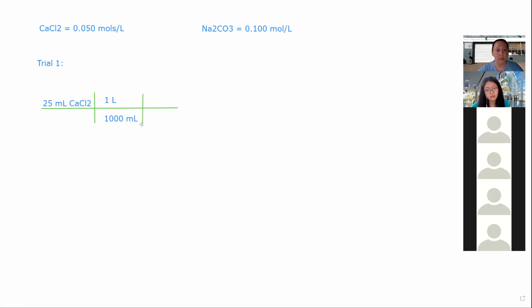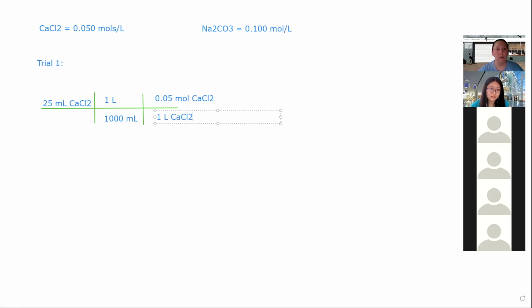So that will give us liters of calcium chloride. But now we need moles. So for the relationship between milliliters of something and moles of something, it's the concentration. So for every 0.05 moles of calcium chloride in this solution, there is 1 liter of calcium chloride.